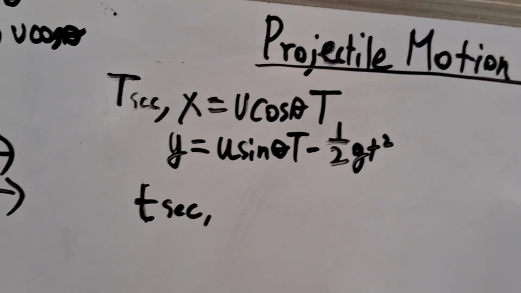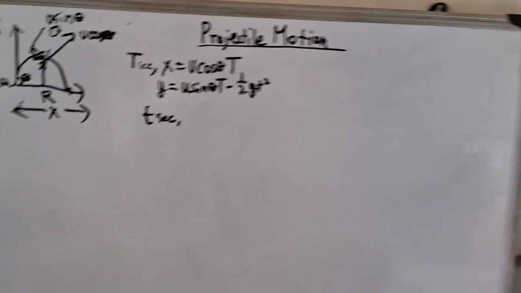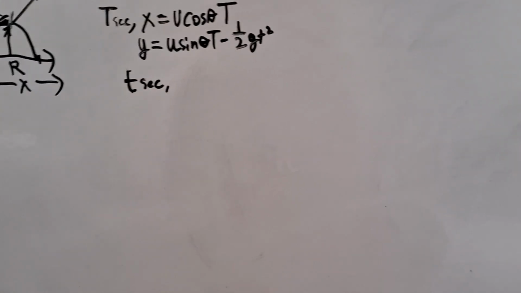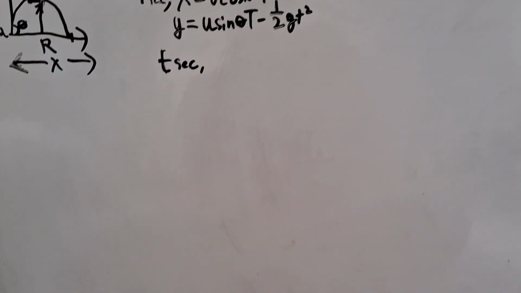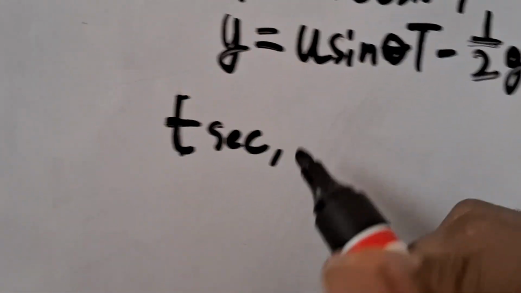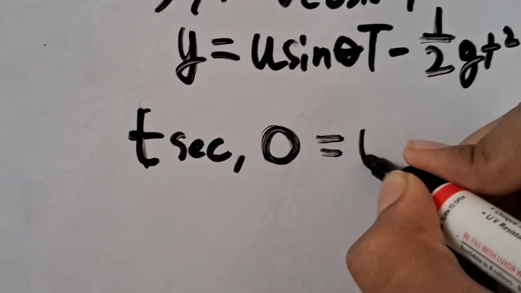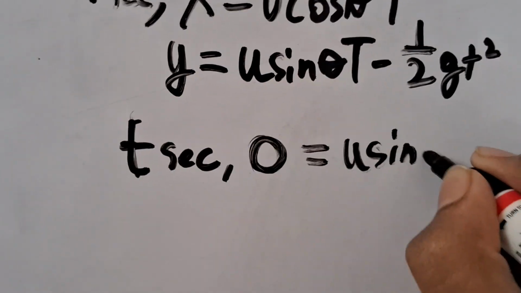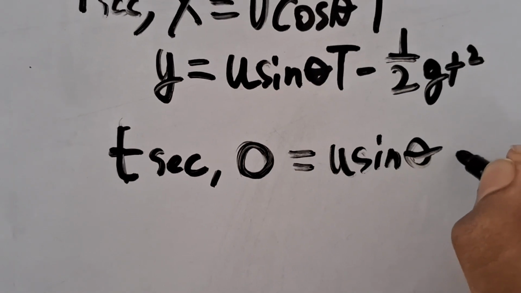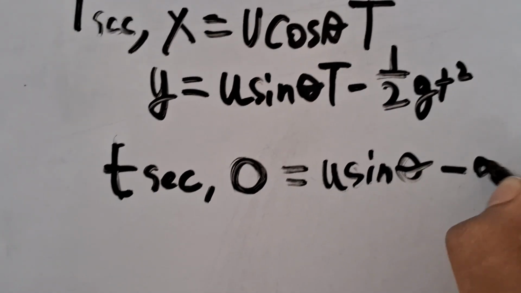What is the final velocity? Yes, it is 0. So you have to work with either of two equations, v equals u plus at or v square equals u square plus 2as. Which one? We want to find t, so v equals u plus at: 0 equals u sin theta minus gt.